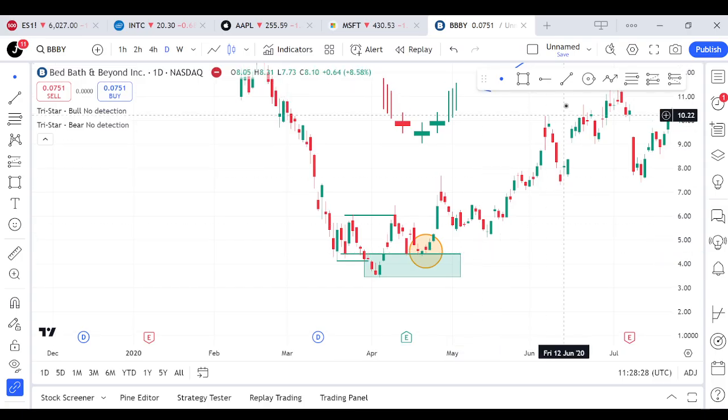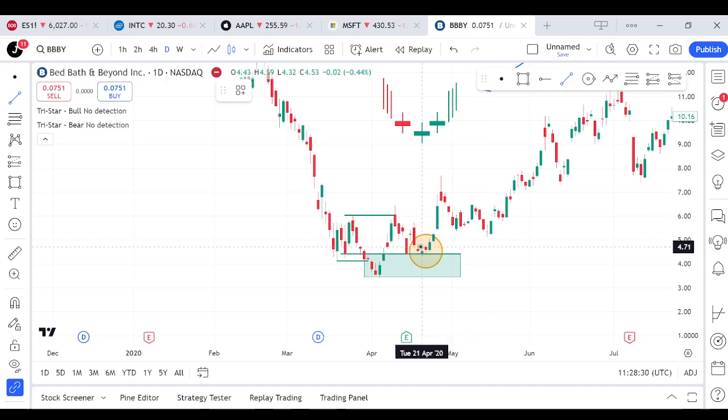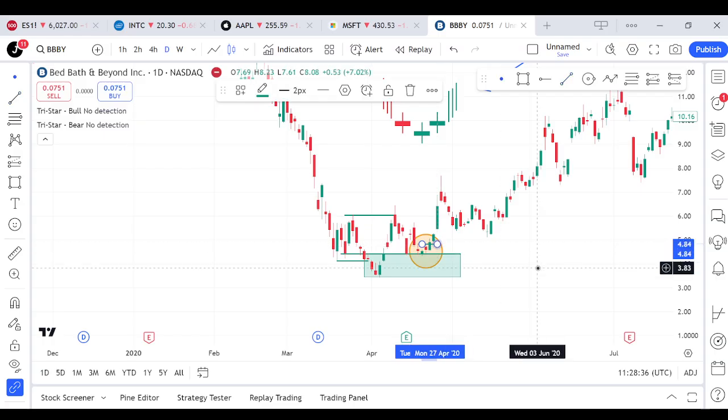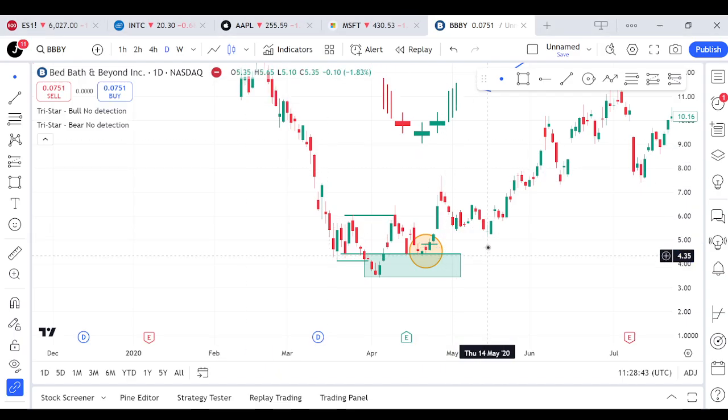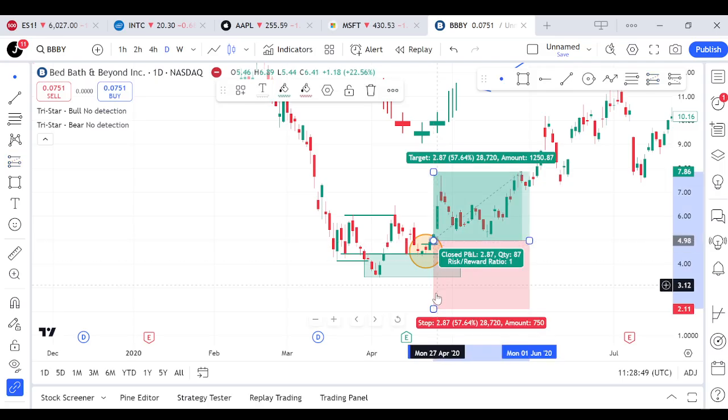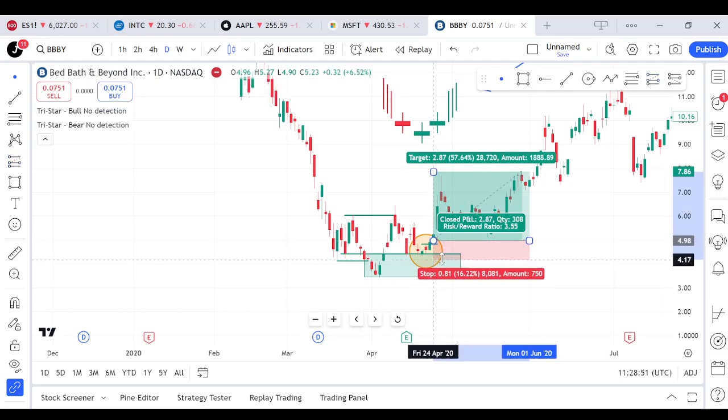And remember, you should be looking to enter at the break of the third candle, the break above the third candle. Now looking at this, we'll be looking to enter a buy trade at the close of that candle, and our stop losses, remember, should be below the second candle, or in this case we could just place it below our support level right here.